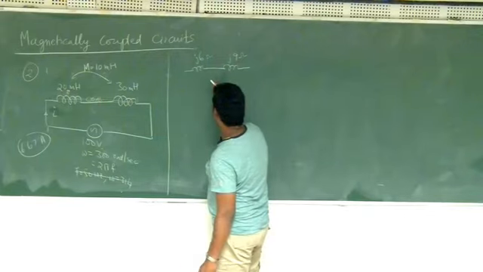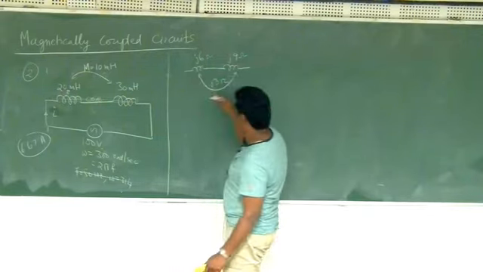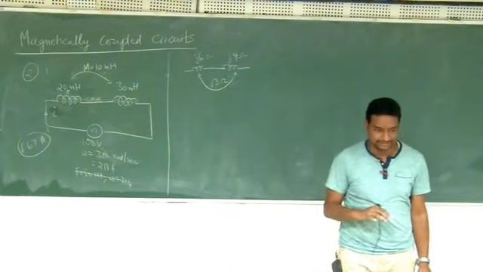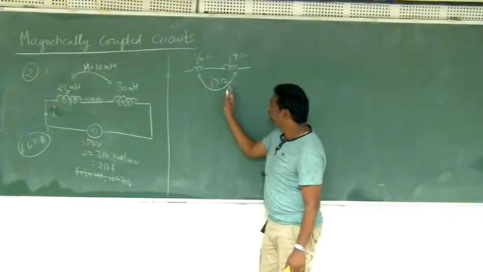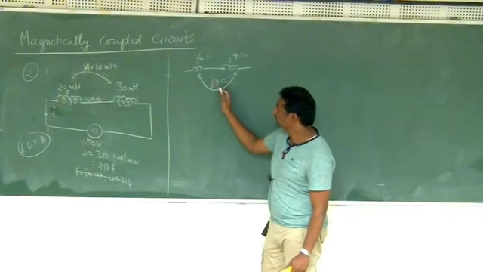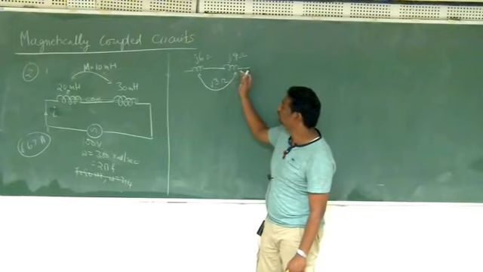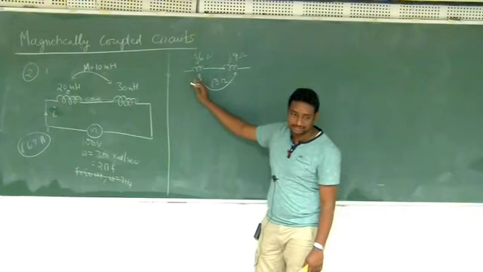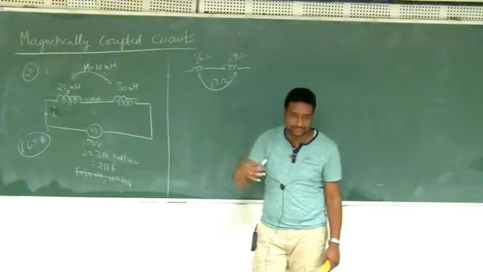So J3 I'll write between these two, just using arrows. An impedance of J3 ohms is appearing because of this coil on this coil and also because of this coil on the other coil. So this 3 actually appears 2 times.